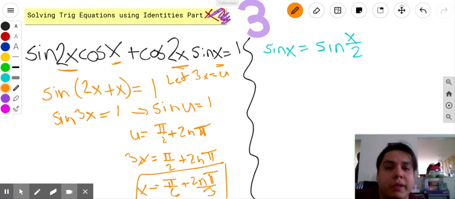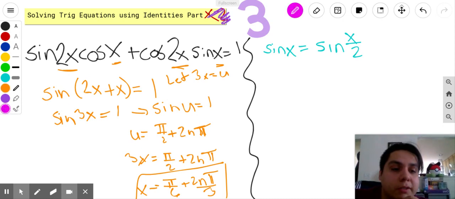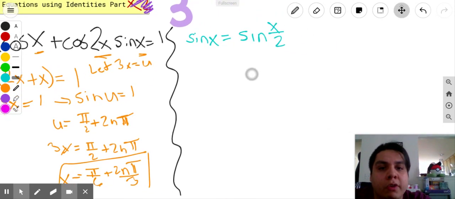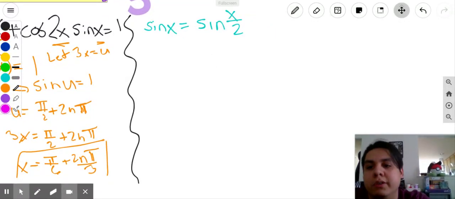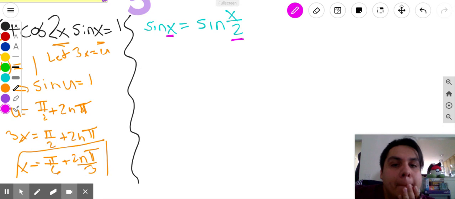So for the next one, we have sine of x is equal to sine of x divided by 2. Okay. So, like I said before, the goal of these problems is to make sure that the inputs are the same.